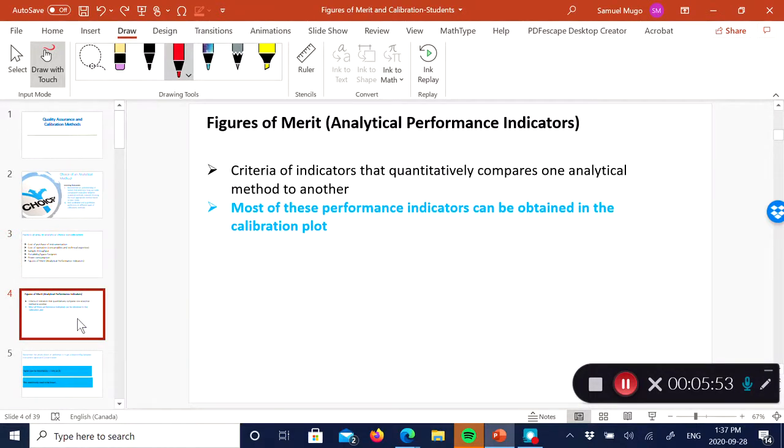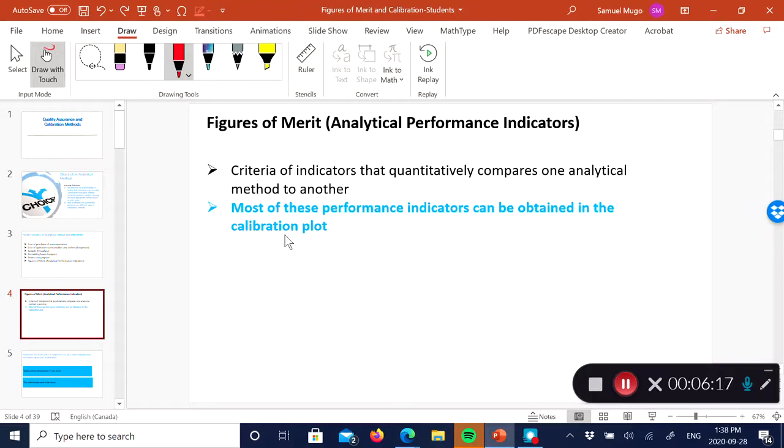Now, the figures of merit, as I've said, is a criteria of indicators that quantitatively compare one analytical method to another. And as you're going to realize, these figures of merit that I'm going to enumerate in the next slide can most often be obtained from the calibration plot.